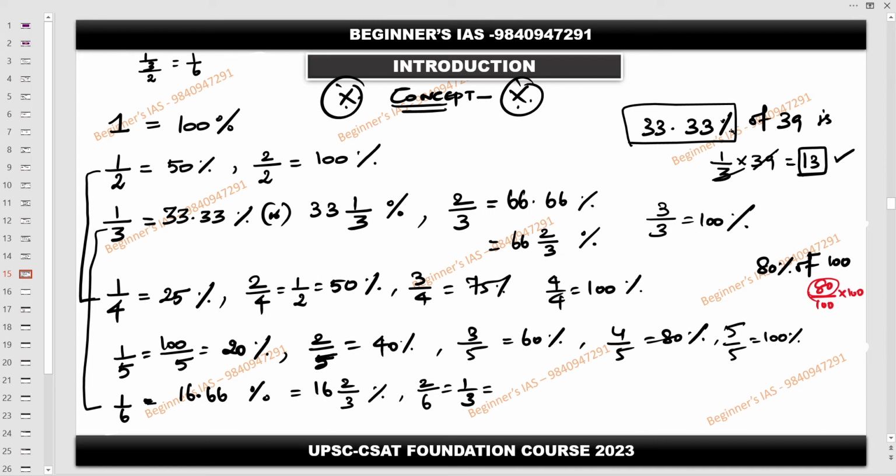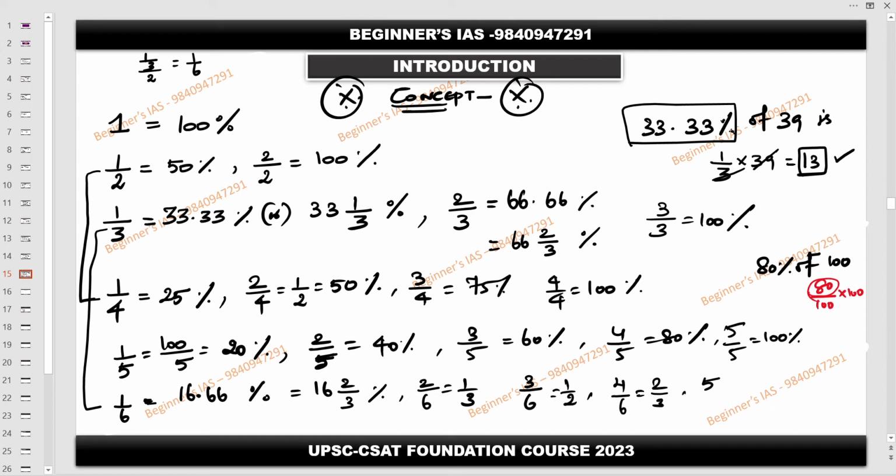So don't worry. Then move on with 3 by 6. 3 by 6 is obviously going to be 1 by 2, so that also you have done, 50 percentage. Then 4 by 6 is nothing but 2 by 3. 2 by 3 also you know, right? 66.66. So if you know the previous thing, it is easy to remember the next consecutive things.